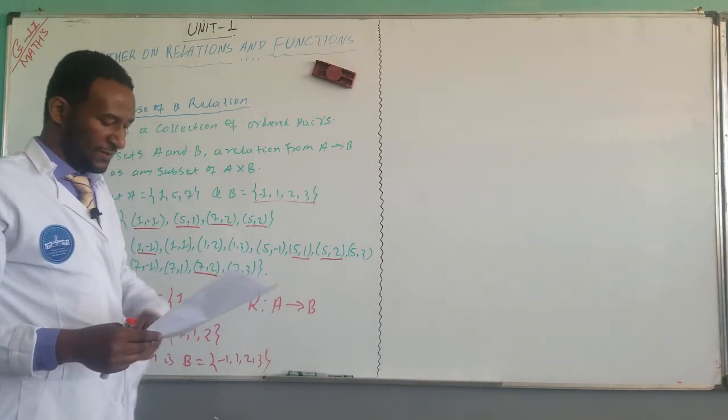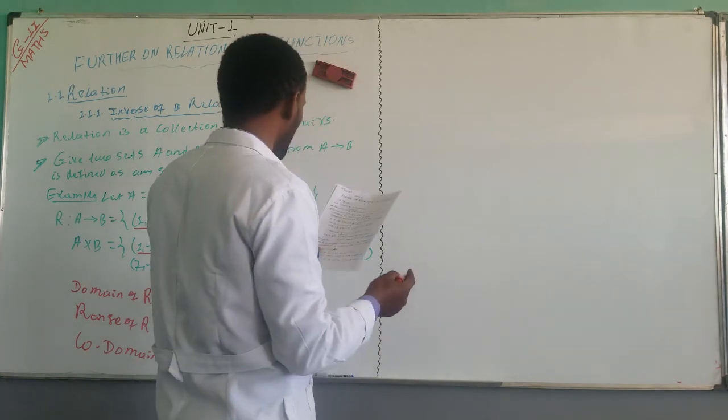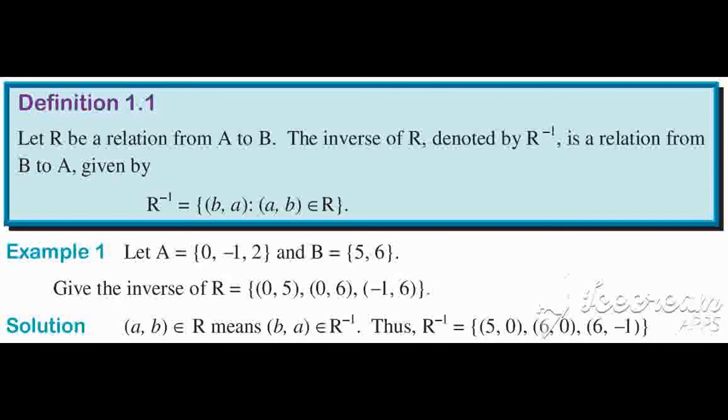When we find the inverse of a relation, let us see definition 1.1 from your textbook. Given a relation R from A to B, the inverse of R is a relation from B to A. That means when R is a relation from A to B, R inverse is a relation from B to A, given by R inverse equal to {(b, a) such that (a, b) is an element of R}.